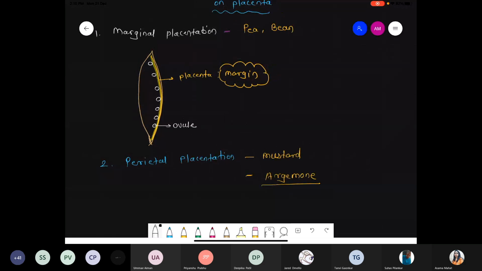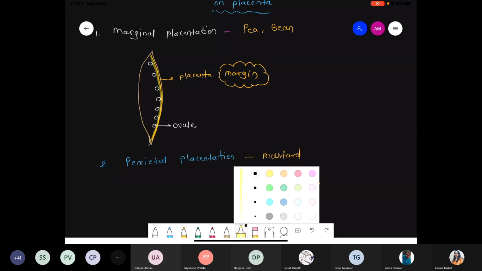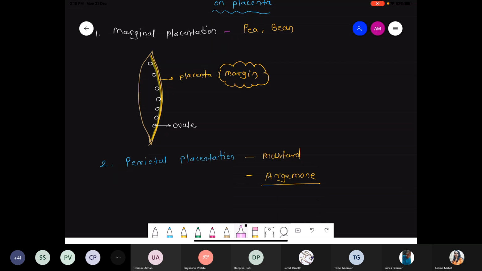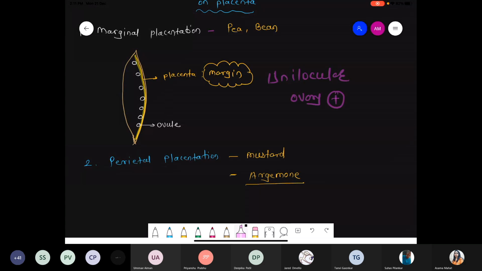Now, when we are talking about marginal placentation, the ovary present is basically a unilocular ovary. And what is the meaning of unilocular?